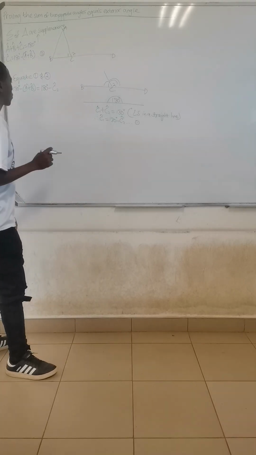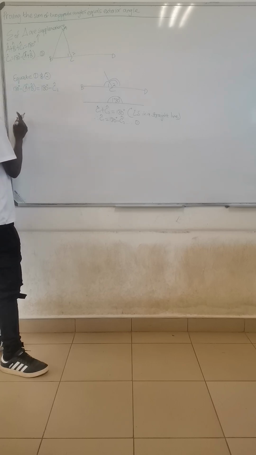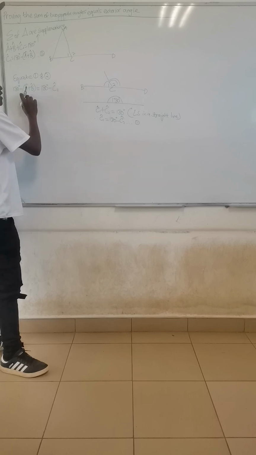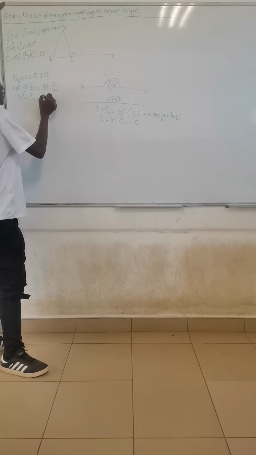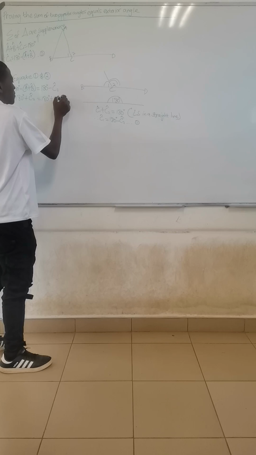When you equate both of the equations, it's up to you whether you bring this 180 this side or that side. Even if you transpose the variable, it can be in the form of 180 plus C2 is equal to 180 plus A plus B.